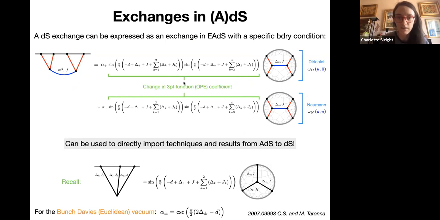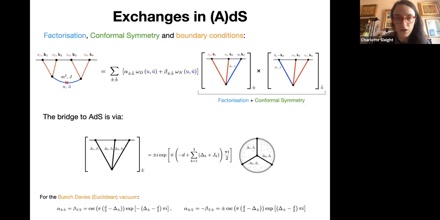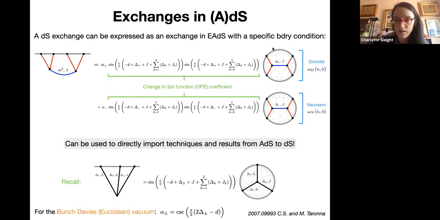So for instance, to get this term here involving the exchange with Dirichlet boundary condition, you would apply this relation to our expression for the de Sitter exchange, and you would collect together the contributions from each combination of branch of the in-in contour involving this projector omega D, which projects onto the Dirichlet boundary condition. So collecting those terms together gives you this term involving the exchange in ADS with Dirichlet boundary condition that you see here.